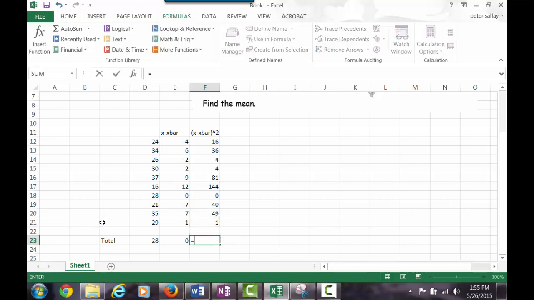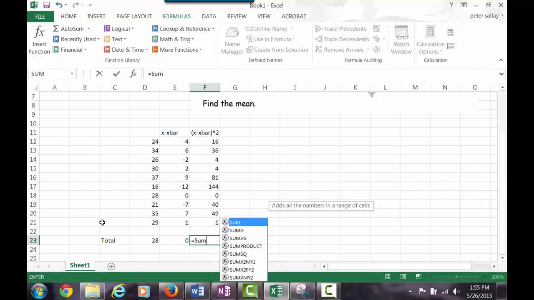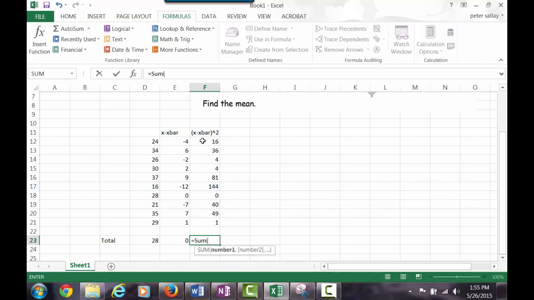And I want to add this up. Okay, so I get this number 375, which is the sum of the squared deviations. And then I want to be able to have an average for that.